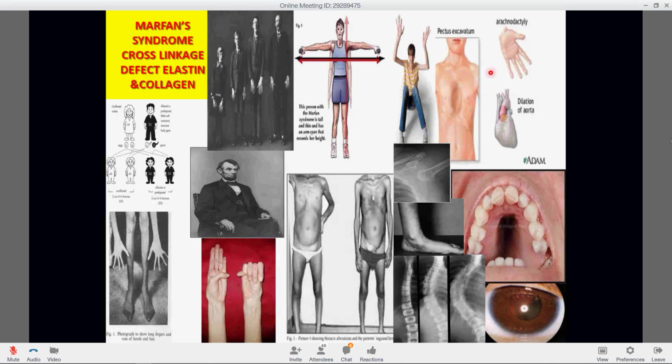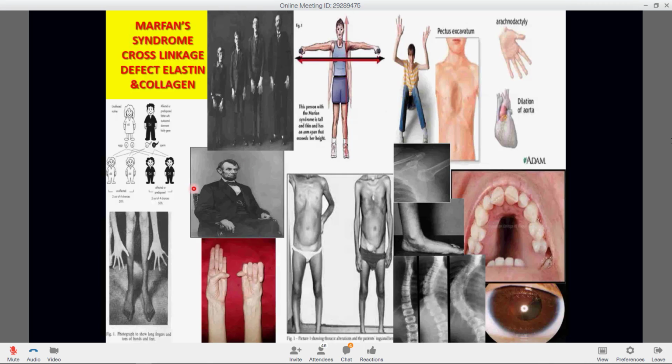The chest has pectus excavatum. The heart has problems: aneurysm of the aorta, dilatation of the aorta, incompetence of the mitral or aortic valve, high arched palate, recurrent dislocation of the shoulder and patella, flat feet, hernia may develop, scoliosis, and dislocation of the lens with retinal detachment.